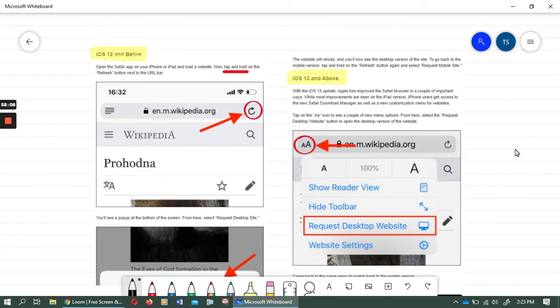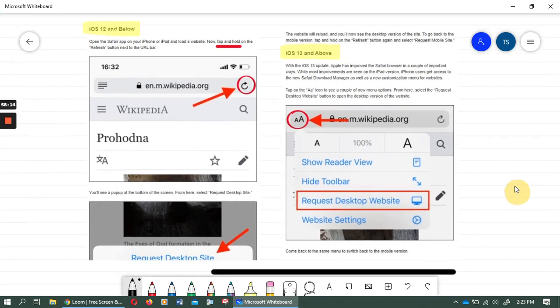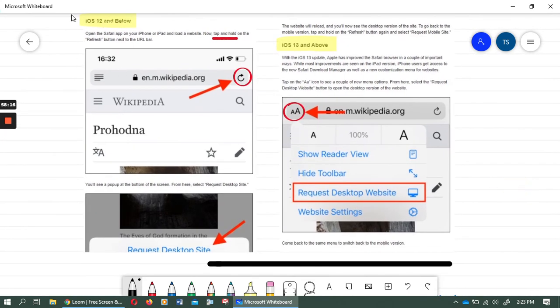So guys, if you are on some type of Apple phone and you are trying to do a Delta Math assignment, let's look here. If you've got an Apple phone with an iOS version 12 or below, then you're going to need to tap and hold that refresh button.